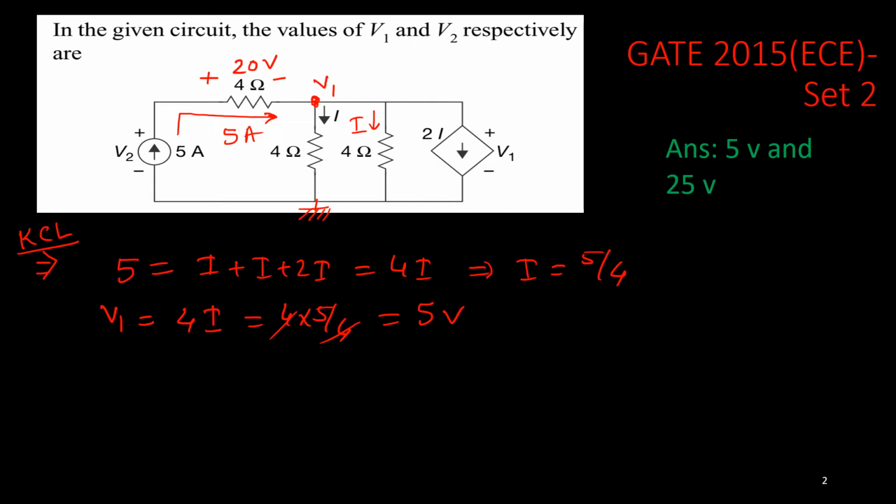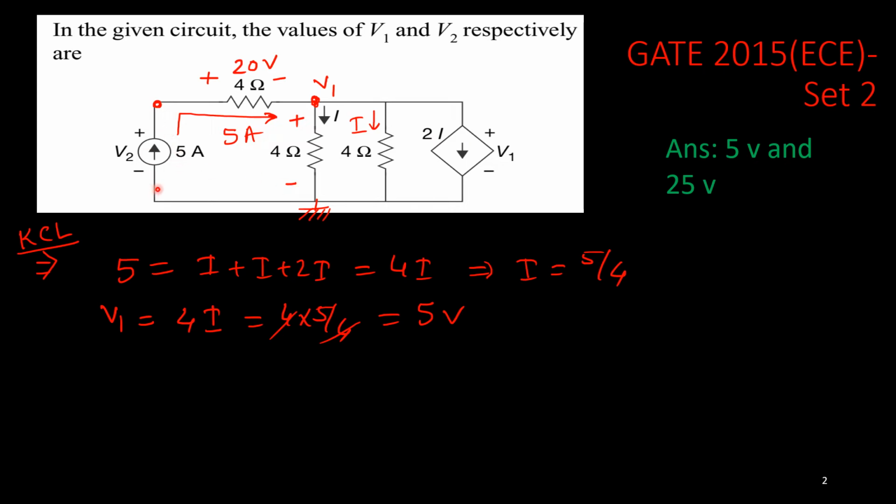You see the node potential V1, this is plus, this is minus. This point is V2, from 0 to V2. So V2 will be the same as the potential across this 4 ohm plus the potential across this other 4 ohm, which is again V1 only.